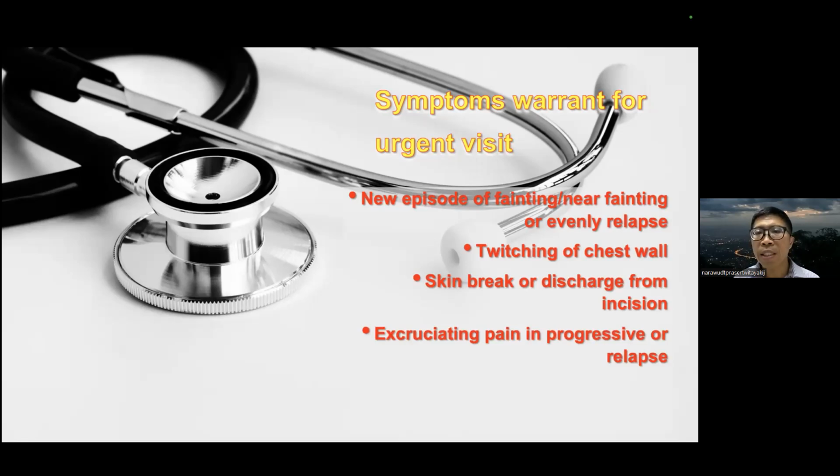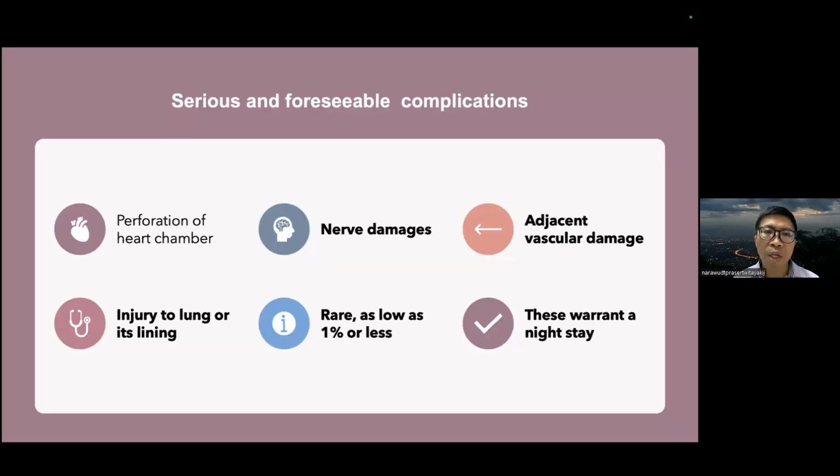Please give us an urgent visit or contact, because serious complications can happen, but at a rate as low as 1%, including perforation of the heart chamber, any damage to the nerve, adjacent vascular damage that may give you trouble breathing from heart failure, or any serious bleeding or vascular complication, but at a very low rate, and injury to the lungs or its lining can happen as well. Those warrant an overnight stay.